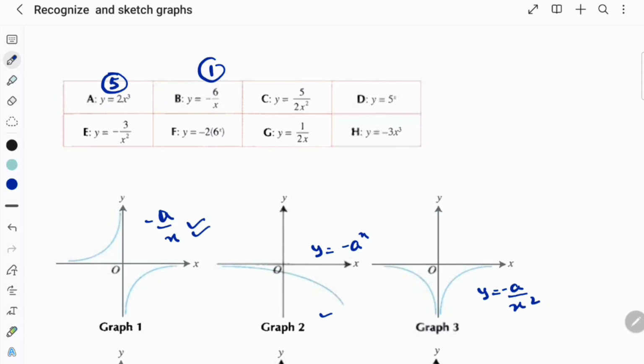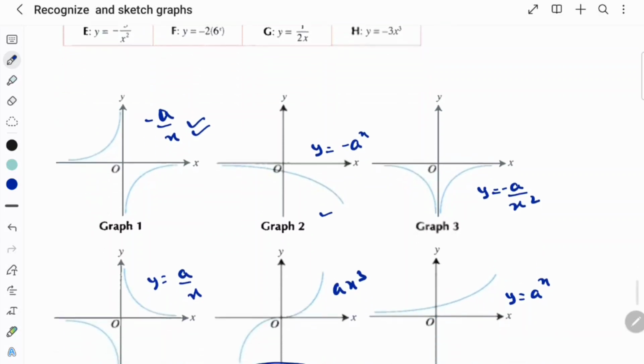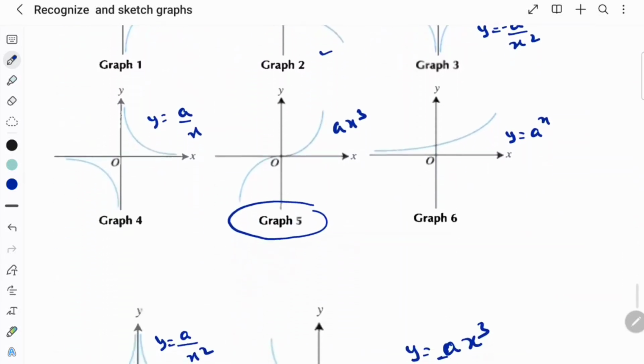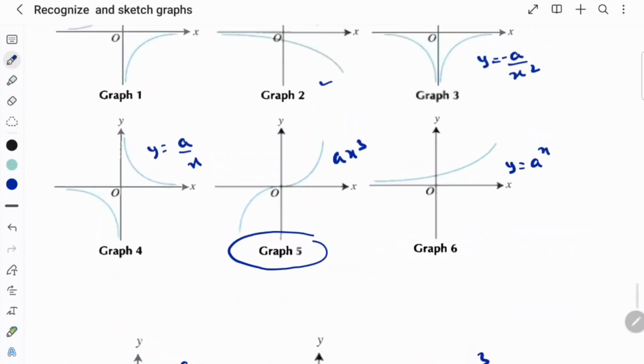Now the third equation, y is equal to 5 over 2x square. It means y is equal to a over x square, reciprocal with x square. Whenever I check, it's the 7th one.